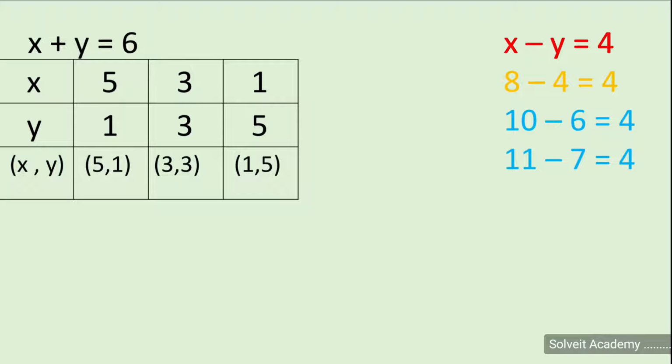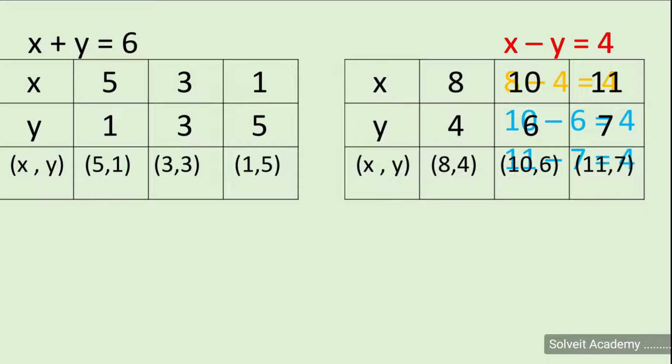So when x is 8, the y must be 4 to satisfy x minus y equal to 4 as 8 minus 4 equal to 4. Similarly, the difference between 10 and 6 is 4 and the difference between 11 and 7 is also 4. Let's summarize these values in a table.